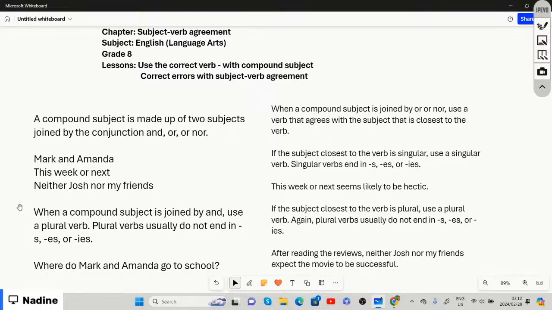All right, so if the subject closest to the verb is singular, then we need to use a singular verb. And singular verbs, they end in s, es, or ies.